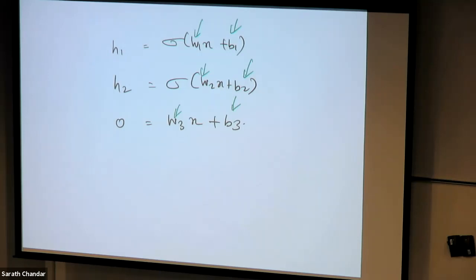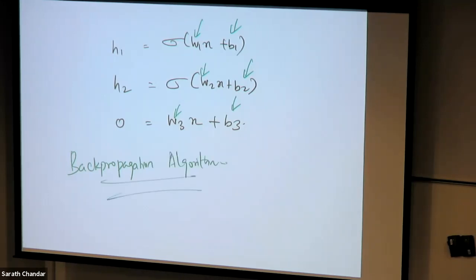Okay. Now, in such a layered architecture like neural networks, computing the gradients for things which are internal, like W1, B1, W2, B2, can be done much more efficiently if you use the backpropagation algorithm. Okay.